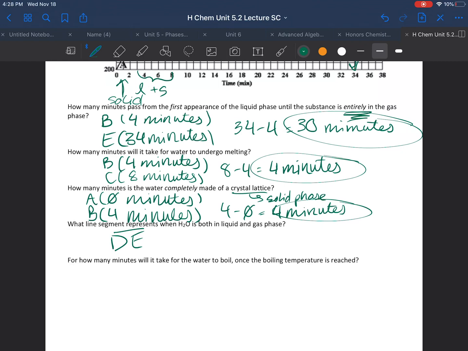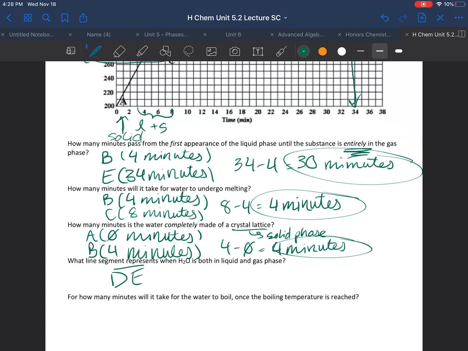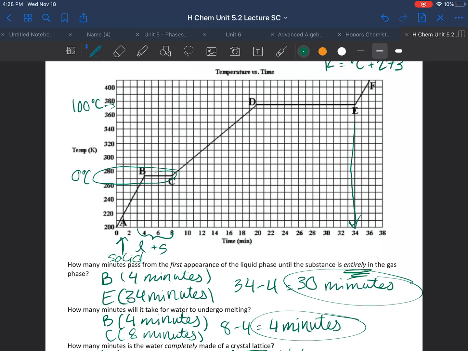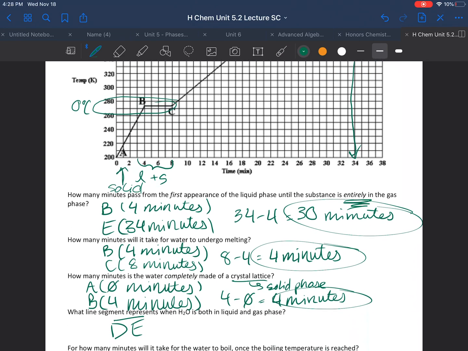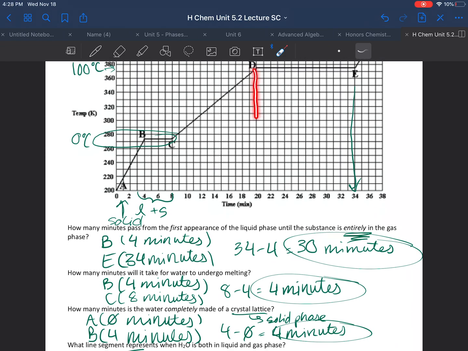How many minutes will it take for the water to boil once the boiling temperature is reached? So here, first we have to find where the boiling temperature is reached. In our case, that's D when it first gets there. And so this segment represents how long it takes for the water to boil. So we're going from D to E. Well, D is at 20 minutes if we follow that down.